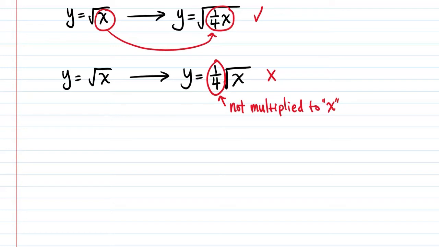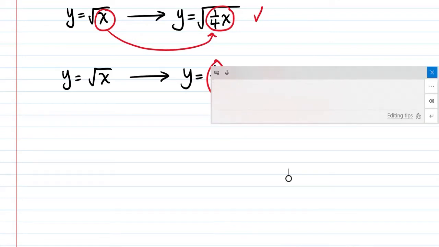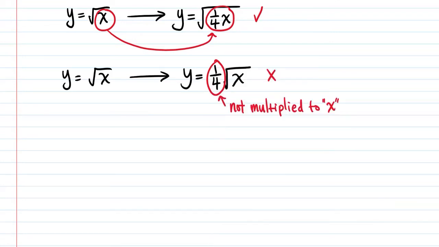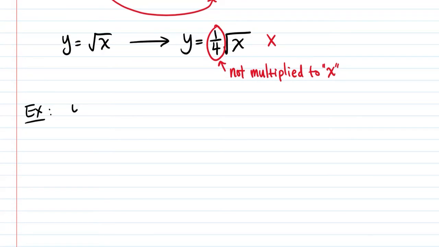Let's look at an actual example of horizontal expansion or compression, and we'll see what happens to the graphs. We've got y is equal to absolute value of x. That becomes y is absolute value of 2x. So x becomes 2x.